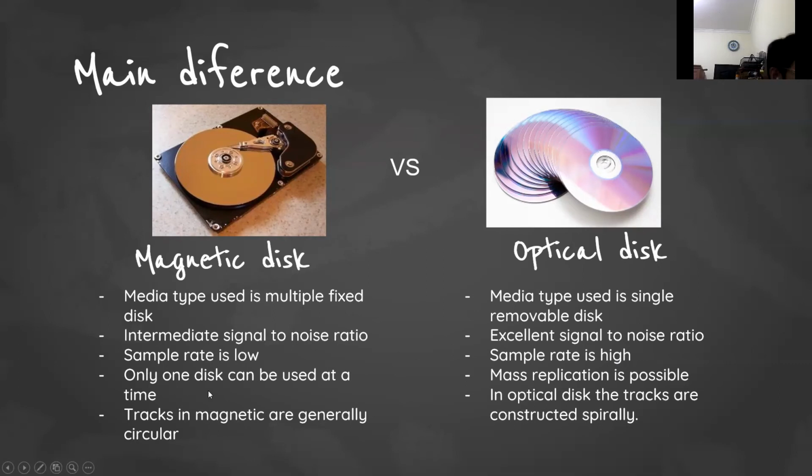And the fourth difference, for the magnetic disc, only one disc can be used at a time. Otherwise, for the optical disc, mass replication is possible. And the last difference is that tracks in magnetic discs are generally circular, while in the optical disc, the tracks are constructed spirally.